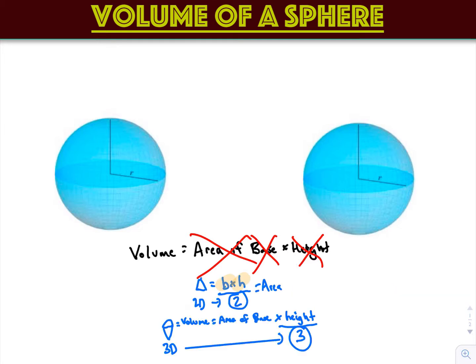Okay, very similarly, when looking at a circle compared to a sphere, when we find area of a circle, we do pi times the radius squared. Our 2D shape, you'll notice, has an exponent of 2.